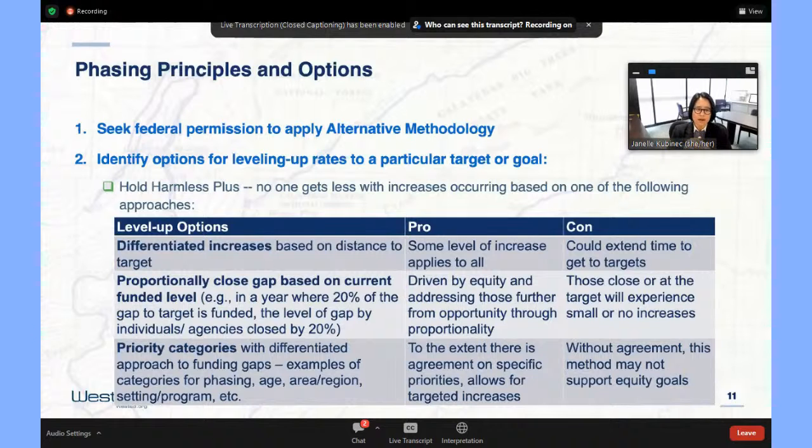The third area is one that can build on some of the variables or factors that we've talked about through this conversation: are there groups that you would prioritize and differentiate approaches to funding gaps?